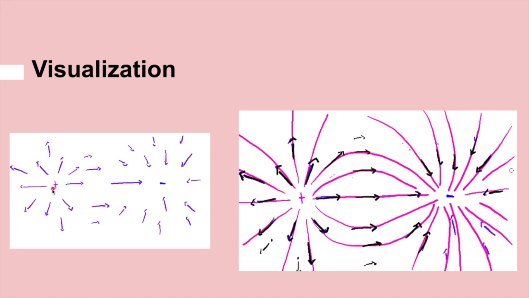So instead of having its lines just going away, it's going to be pointing towards the negative. They are being attracted to one another. But remember, our positive vectors are pointing away from our charge. Our negative ones are pointing towards it.